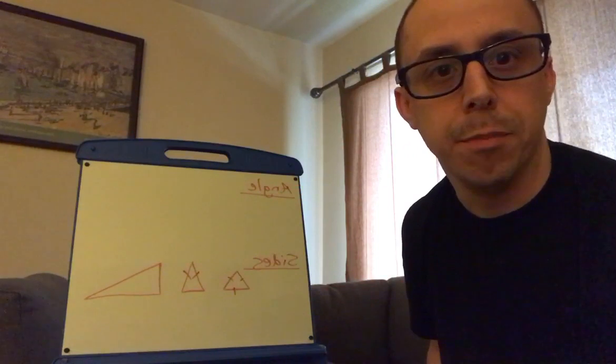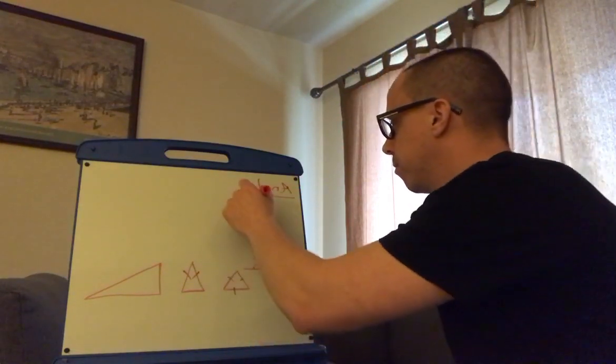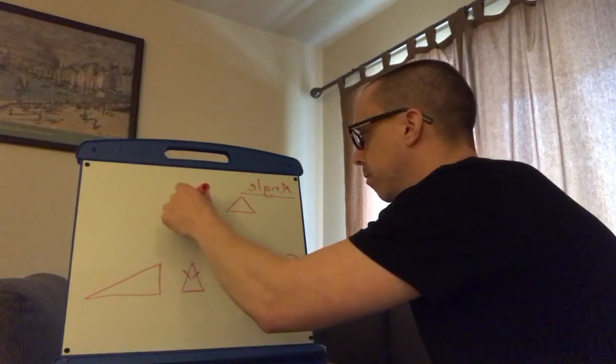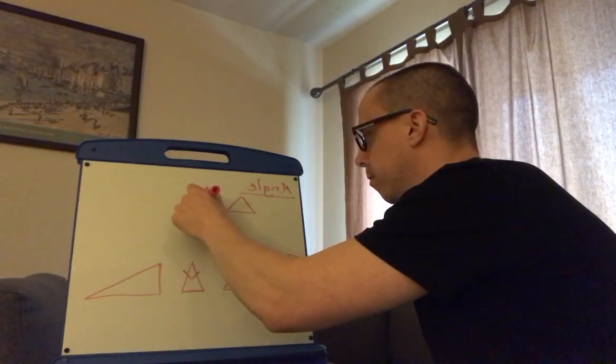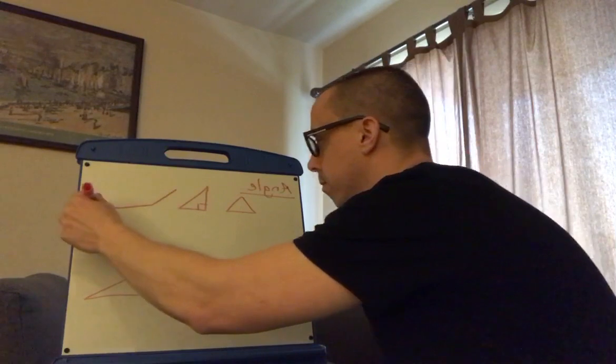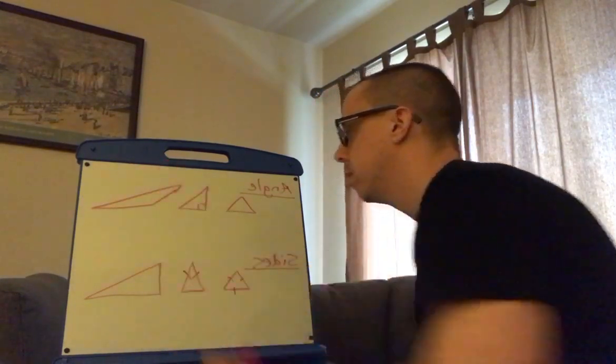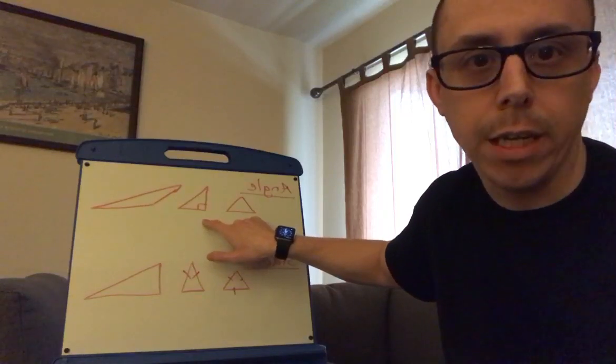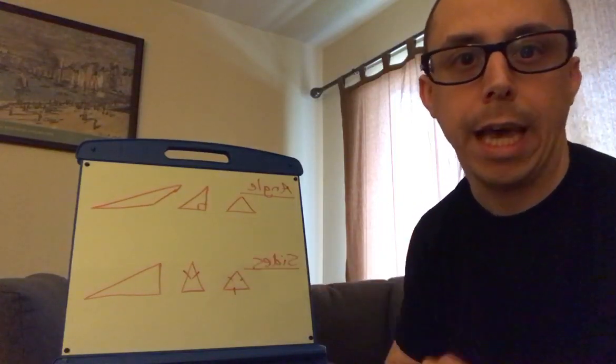Now we can classify them by angle. Okay, first we have a right triangle. It has 1 right angle.